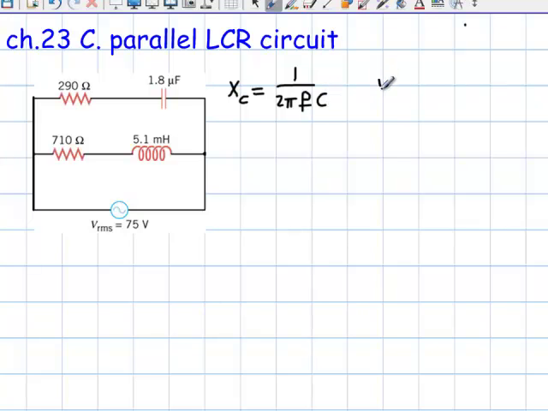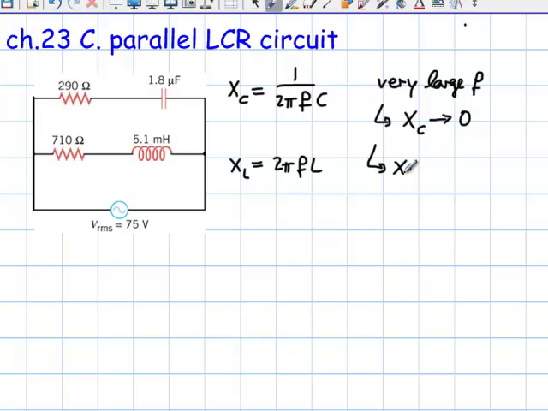When the frequency is very large, we can see that the capacitive reactance would be approaching 0, and in turn, for a very large frequency, the inductive reactance would become very large.